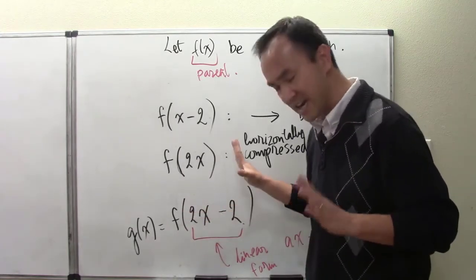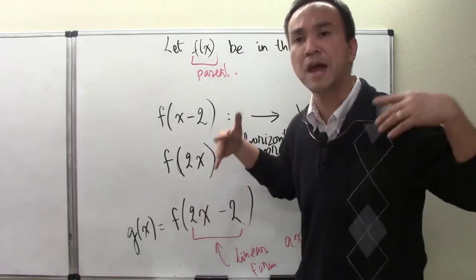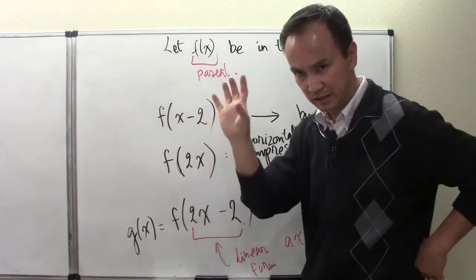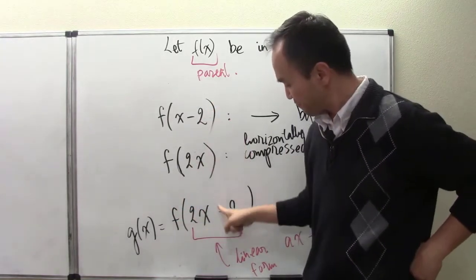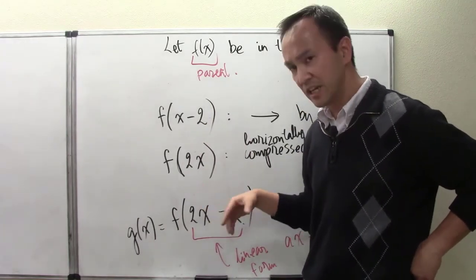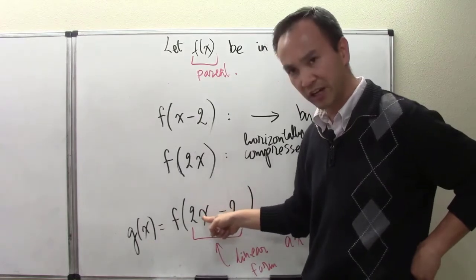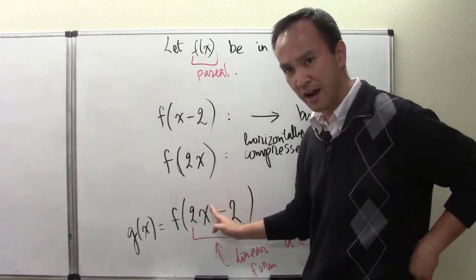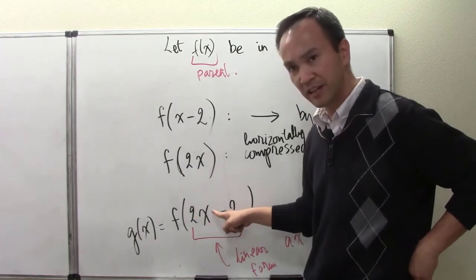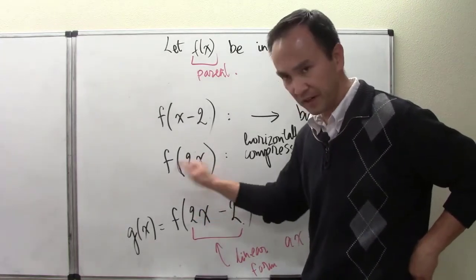Even though I understand that very commonly you are given an expression like this, where the entire linear expression is given, not often in factored form, but in the foiled-out linear expression as the input of a parent function.